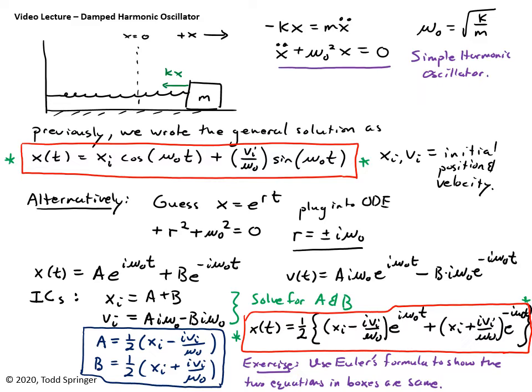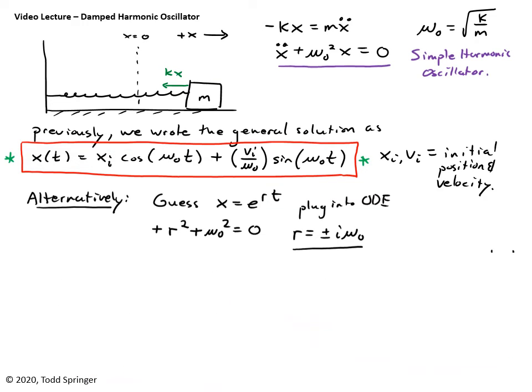So either way is an acceptable way of solving a second order ODE. This brings us to an important point. So we understand that this mass is going to oscillate back and forth, left and right, on the spring. And we know we can describe that in terms of sines and cosines, but we can also describe it in terms of complex exponentials.